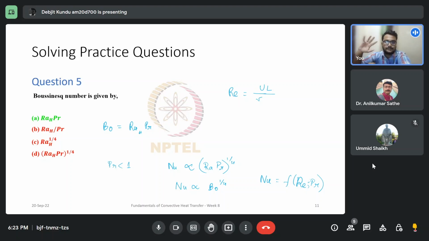So it's more complicated than that, but somehow this Boussinesq number is analogous to Reynolds number over here. But since we do not have explicitly u, that's why that significant difference is there between those.